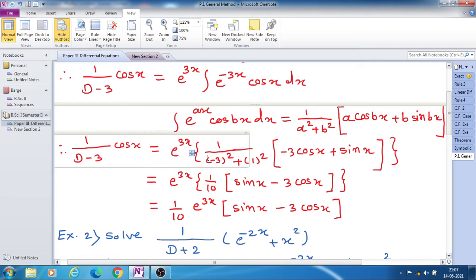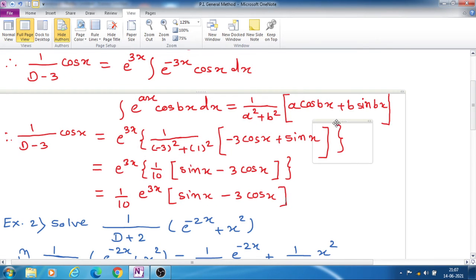Here we have to use the formula: integration of e raised to ax into cos bx dx is equal to 1 upon a square plus b square into bracket a cos bx plus b sin bx. Here e raised to ax, the coefficient of x is a, and in the cos bx term the coefficient of x is b.